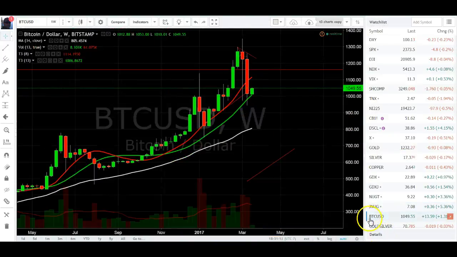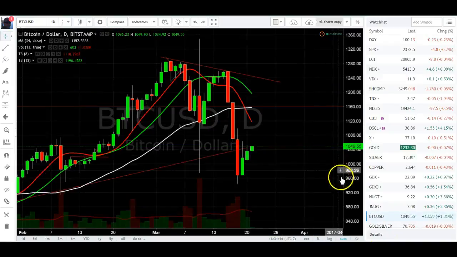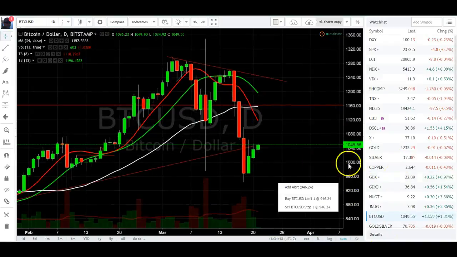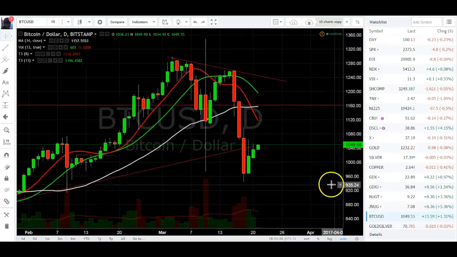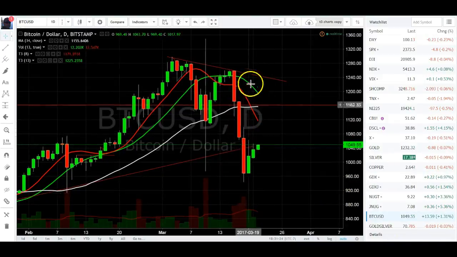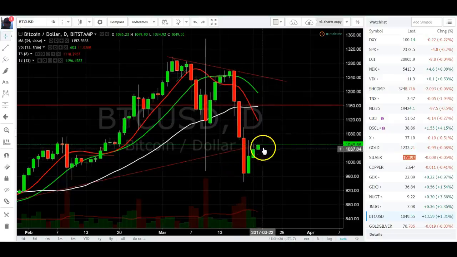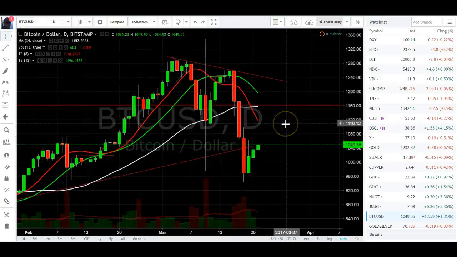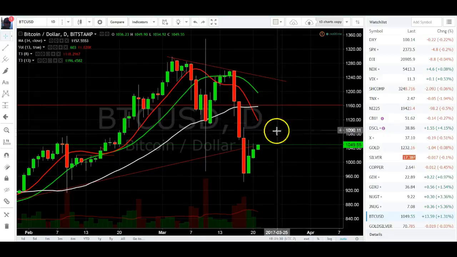Bitcoin, everyone's talking about the Bitcoin. Looks like a bearish retracement on the daily. That's a bearish flag. Let's see how long this bearish flag goes up into resistance.